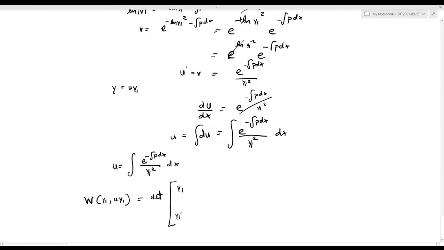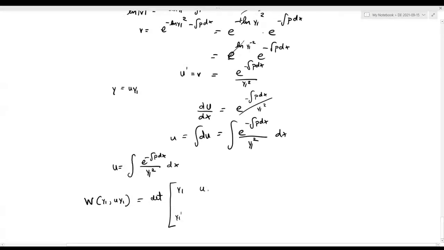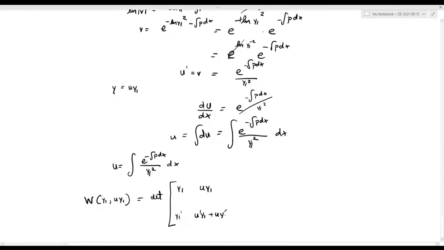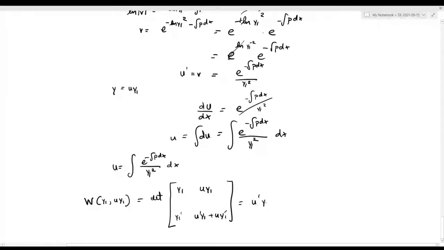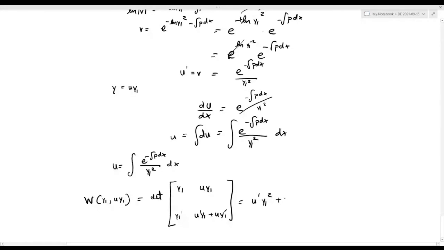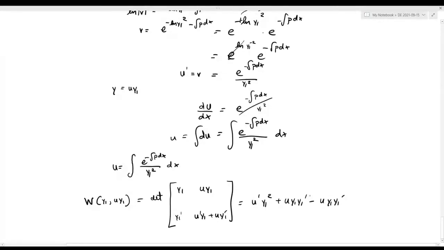Here's y and its derivatives. Okay, so these cancel.